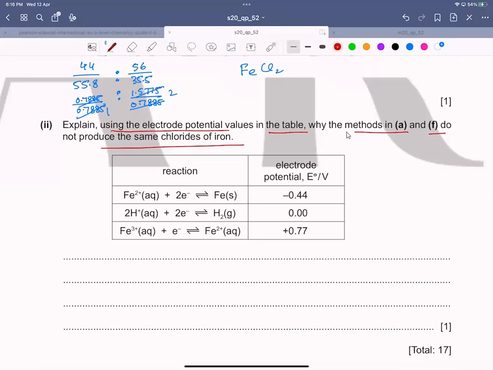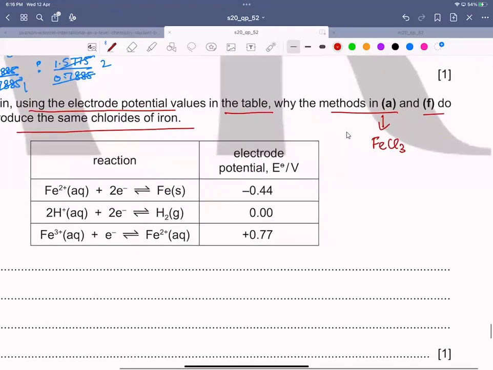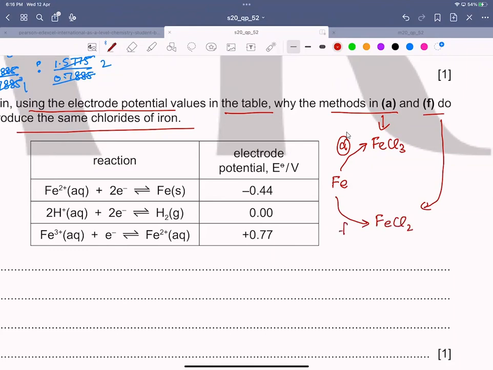Okay. See, in method A we are getting FeCl3, right? And that FeCl3 is forming from iron metal. That is our method A. And in method F we are getting FeCl2.